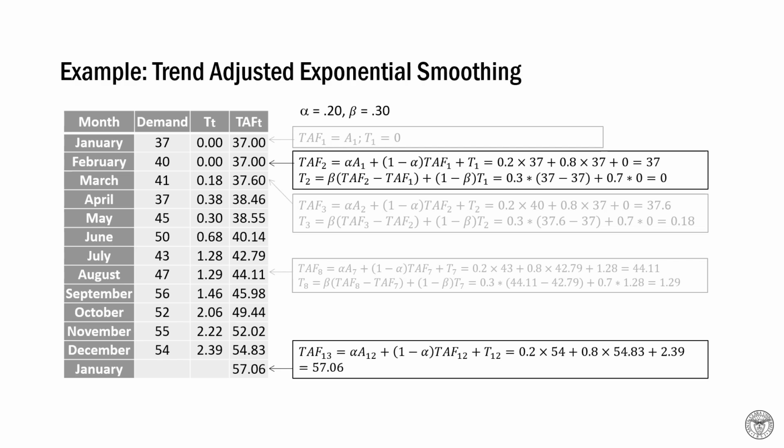Thus, the TAF method allows us to smooth out fluctuations and identify an underlying trend, which significantly improves our demand forecasting.